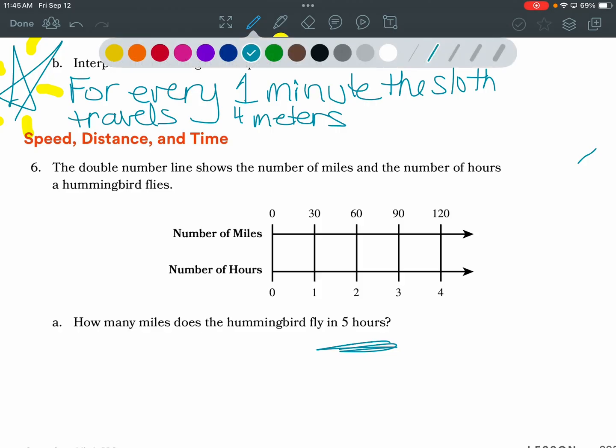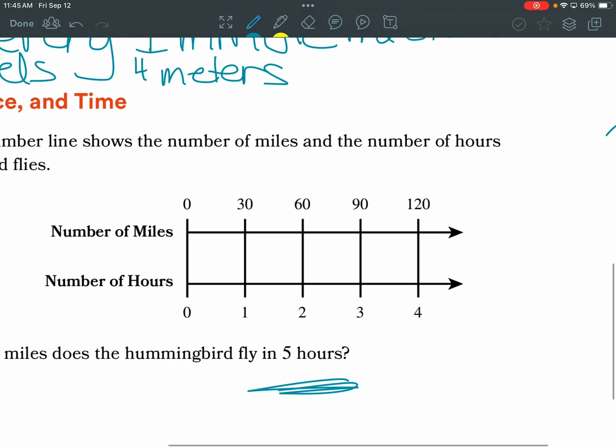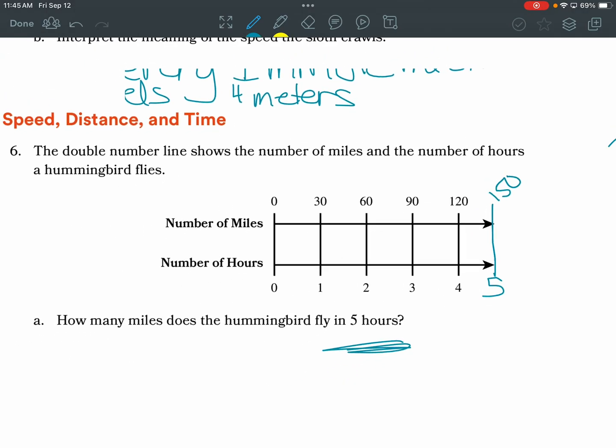All right, Lolly. What is 5 hours? How many miles? 150. So she added another line here. Okay, so she added a straight line there. And has 150 miles.